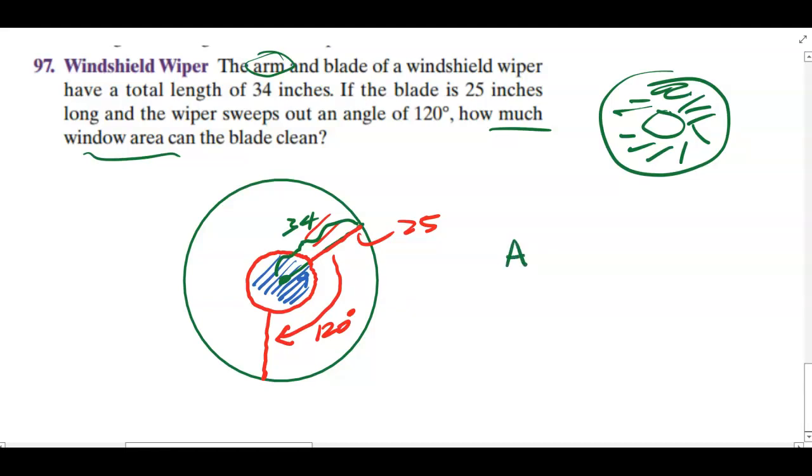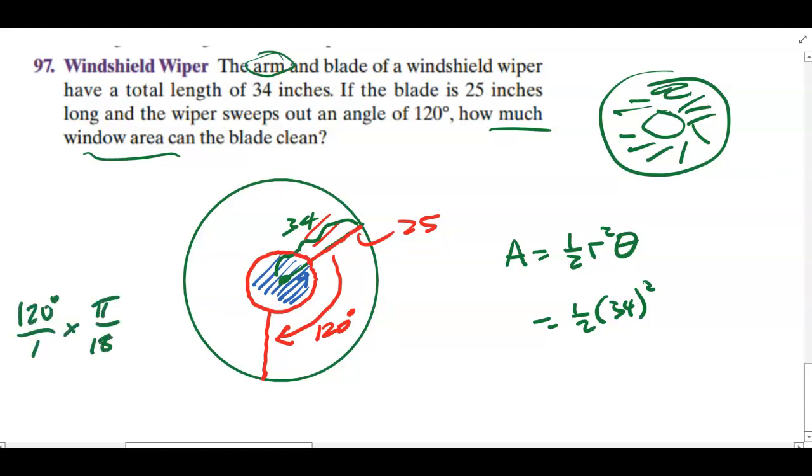So you have area is 1/2 r squared theta. So that would be 1/2 34 squared. Now theta has to be in radians, and 120 over 1 times pi over 180 gives us 2 pi over 3 radians. So I'm going to put 2 pi over 3 here.